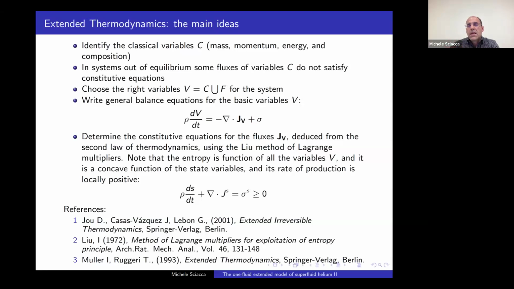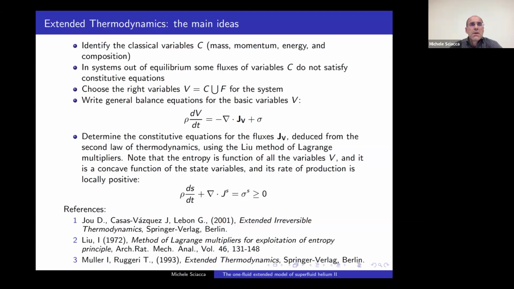clearly the arguments are very important, but I want to give you just an idea of how the so-called extended thermodynamics works. Of course, classically, thermodynamics considers mass, momentum, and other variables as main variables for your system. But when you are out of equilibrium, as we saw in the previous slide, you need to consider other variables.